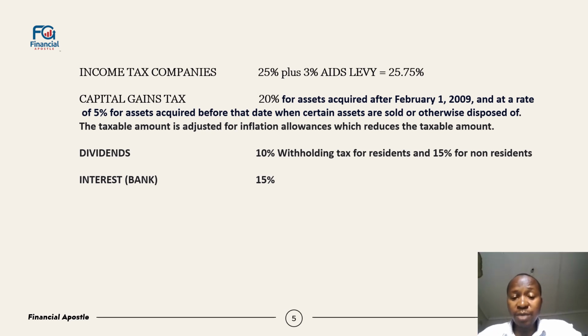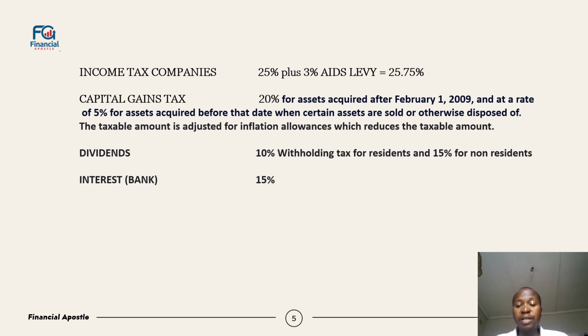There's an inflation adjustment that is applied and subtracted, and you may end up paying tax on, say, $100,000, not on the total amount that you received after you sold your property, 500,000. You may end up paying tax on, say, $1,000 after the inflation adjustment. So you see the advantages of having invested in an asset that you later on sell.